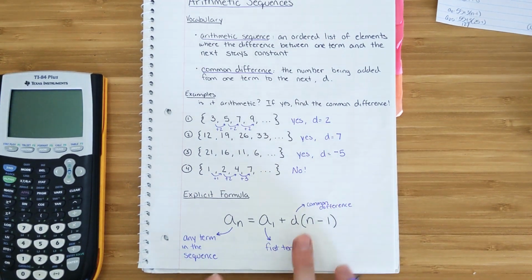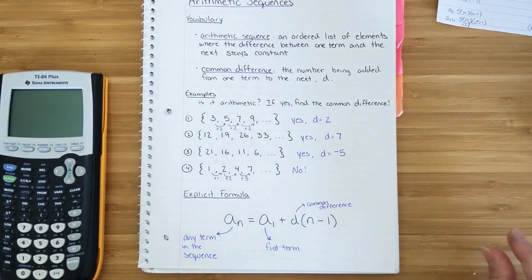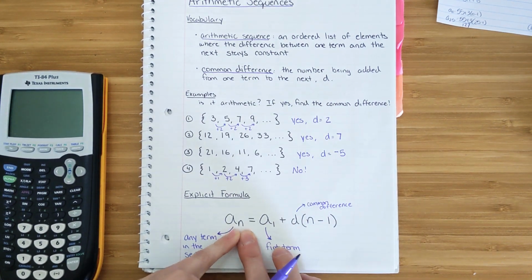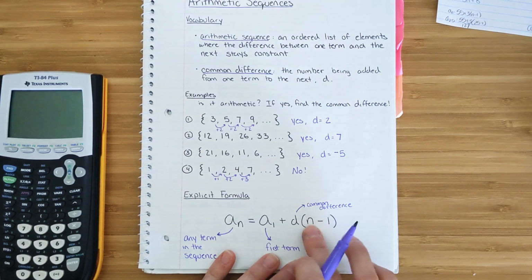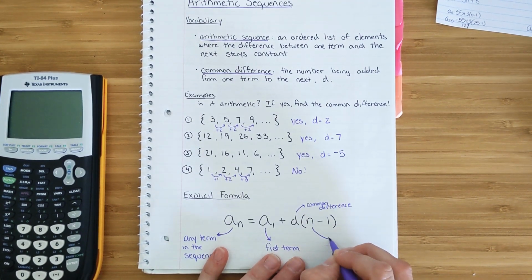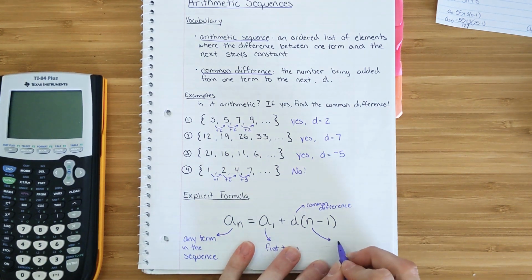Okay. And then you'll notice that this n that we saw in the beginning is showing up again, but now it's on the same level as every other letter in our equation. It's not a subscript. Subscript is down in the bottom right hand corner. When it's big and level like this, it's actually going to represent the order or the spot that you're looking for.